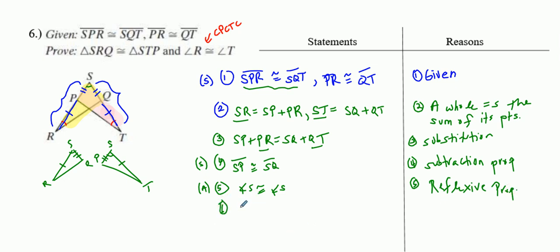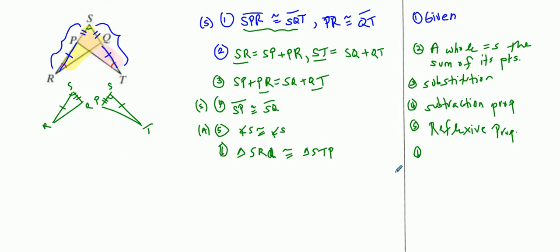So now we're able to prove that triangle SRQ, and I'm going to use the same order they asked us to prove this up above, and triangle STP are congruent, and that's by side angle side. And then we can say that angle R is congruent to angle T by CPCTC.